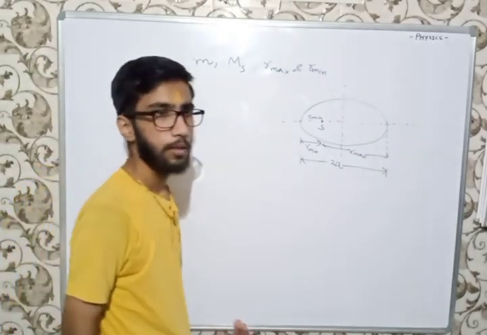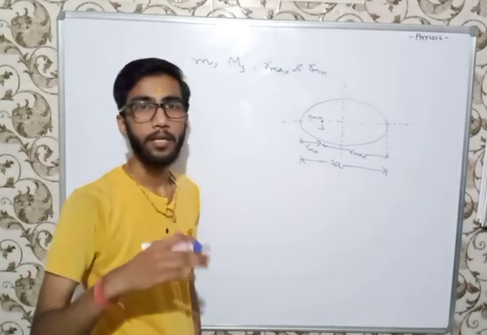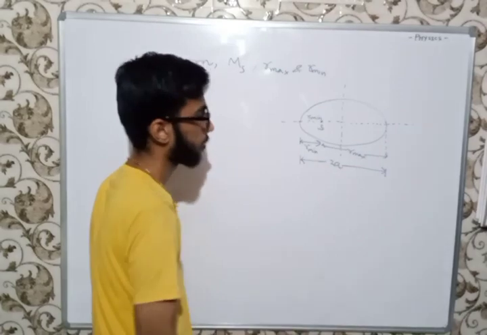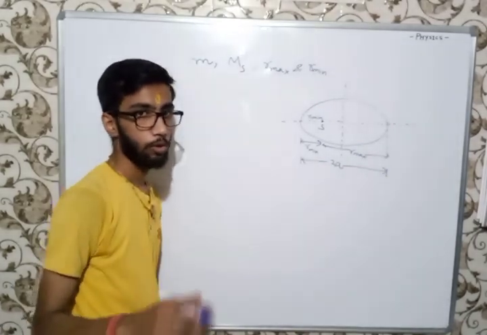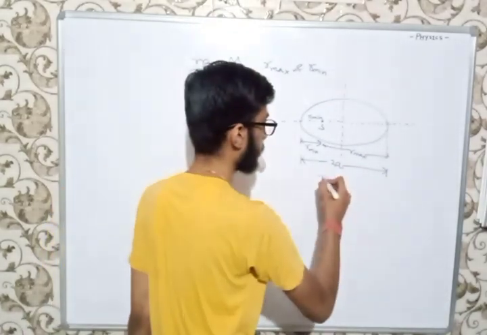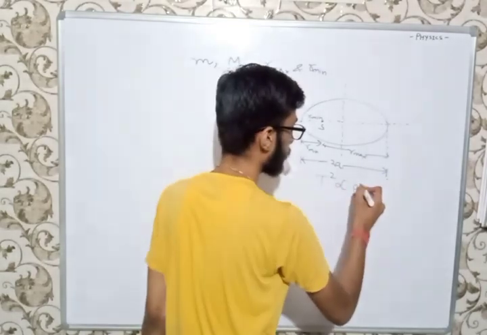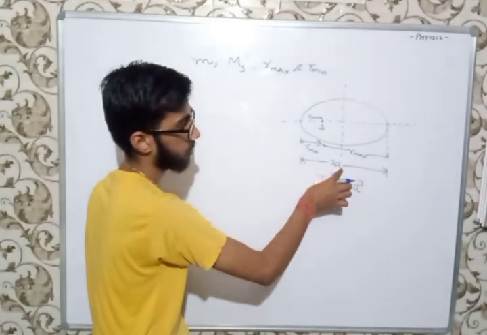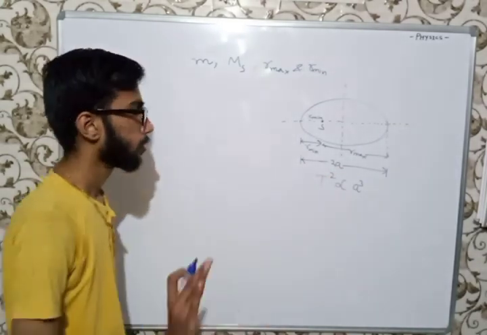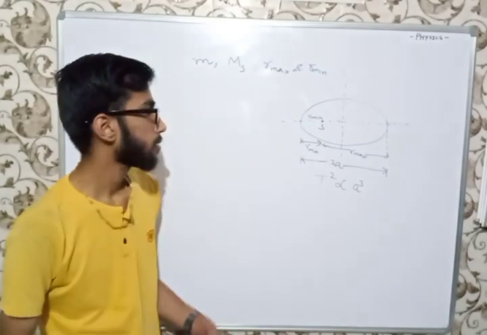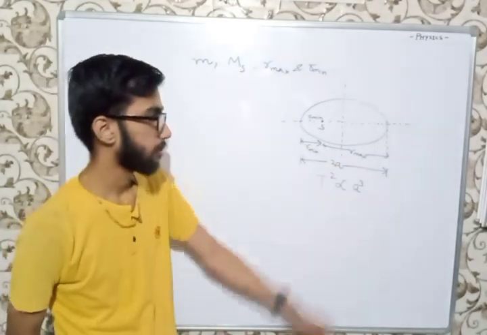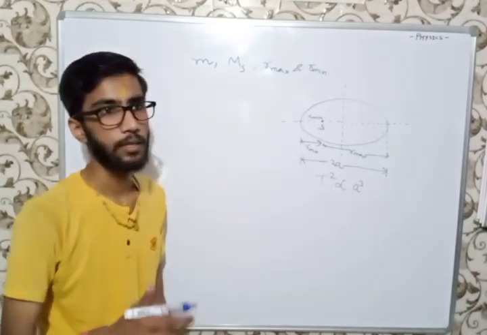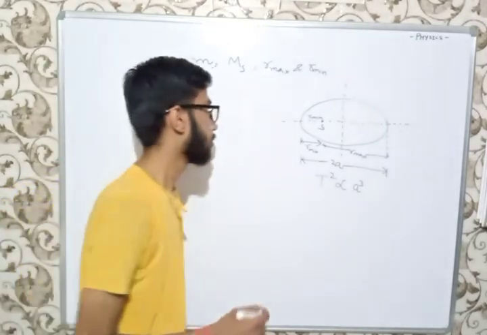There are some problems in which the ratio of time periods is asked, and r minimum, r maximum are given. According to Kepler's third law, T square is proportional to a cube, where a is the semi-major axis. In problems we have r minimum and r maximum, so how to find the ratio of time periods of two different planets or any celestial orbit?